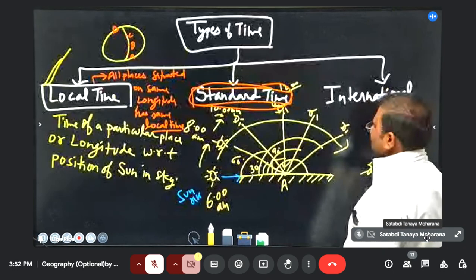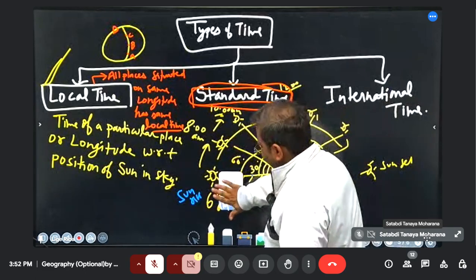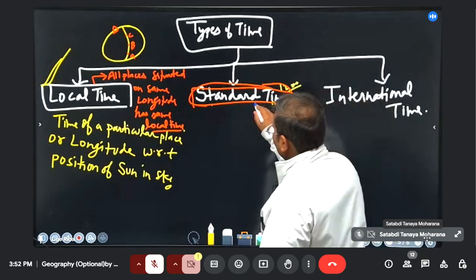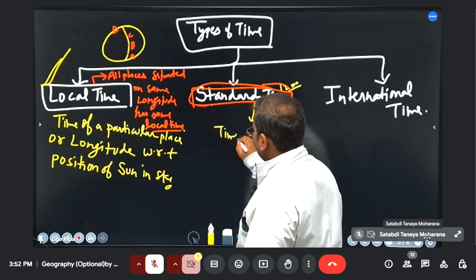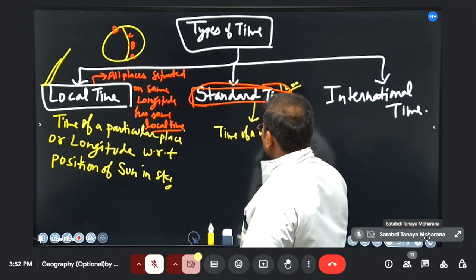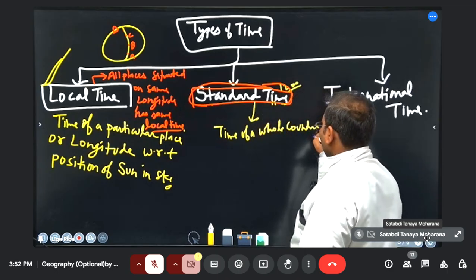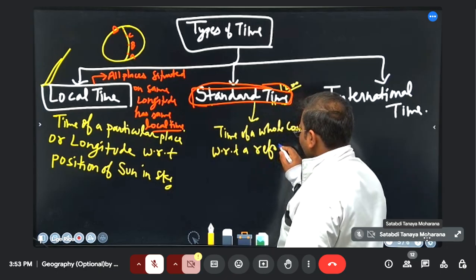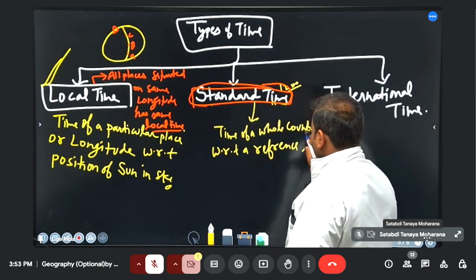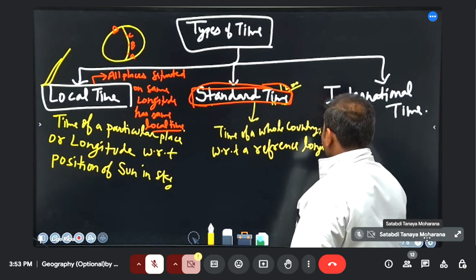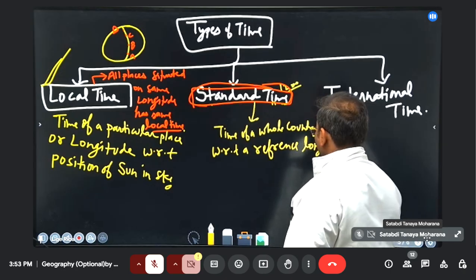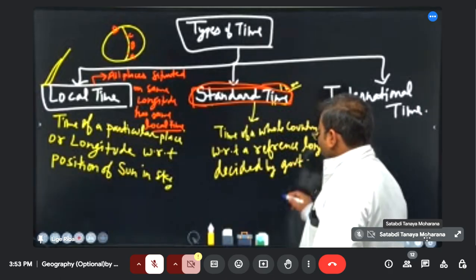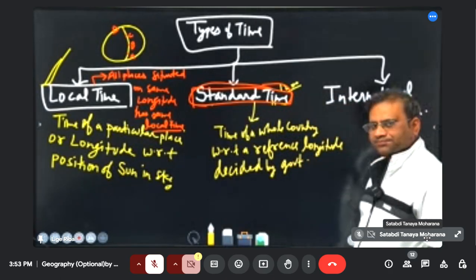Go back, see what is standard time. So let me write it. Standard time. Time of a whole country with respect to a reference longitude decided by country, decided by government, is called as standard time.